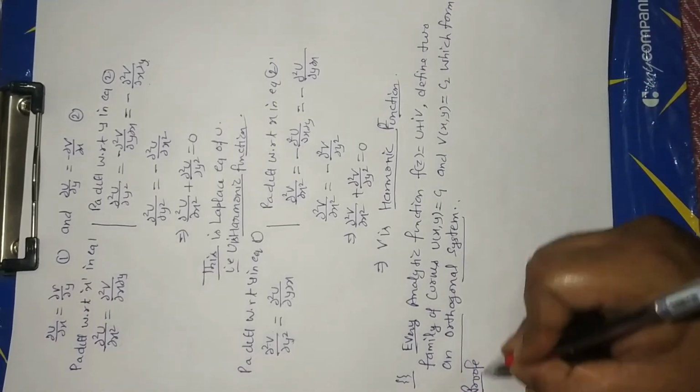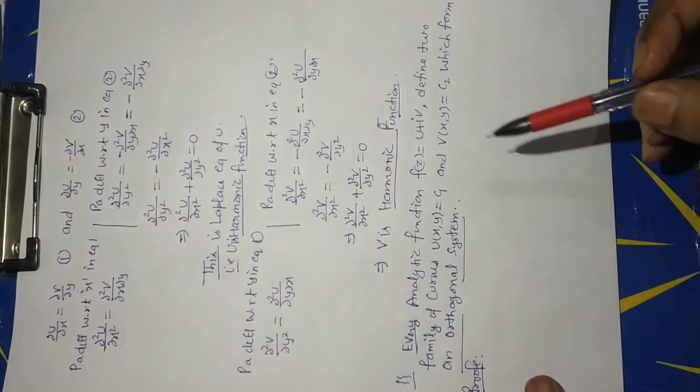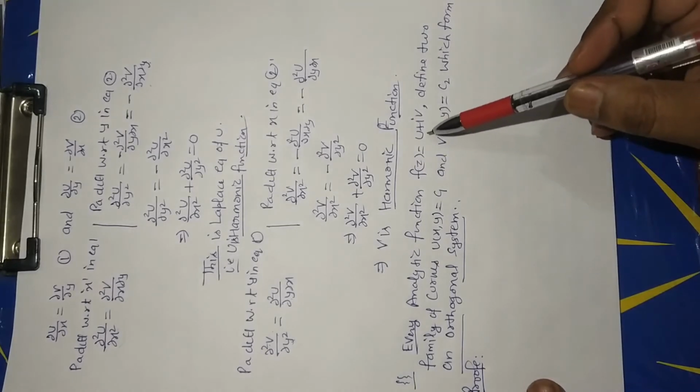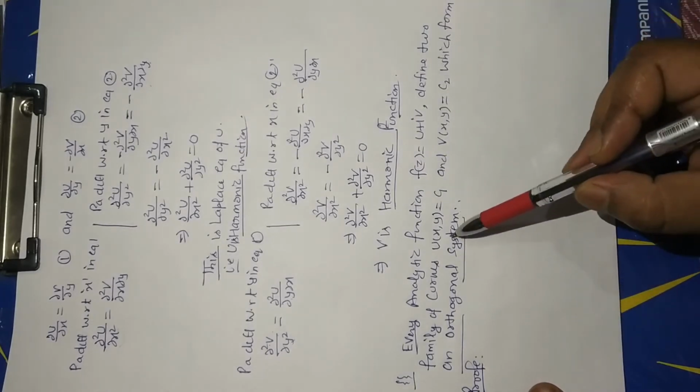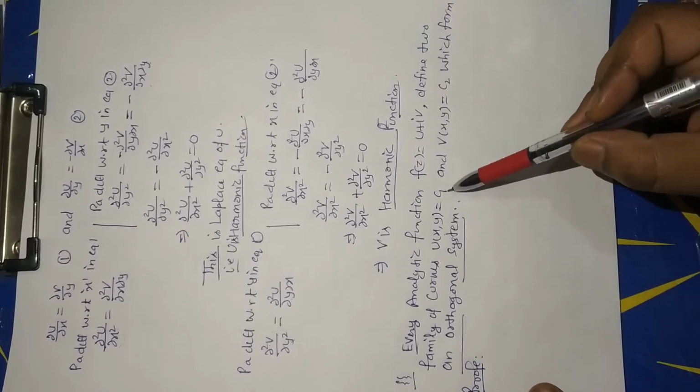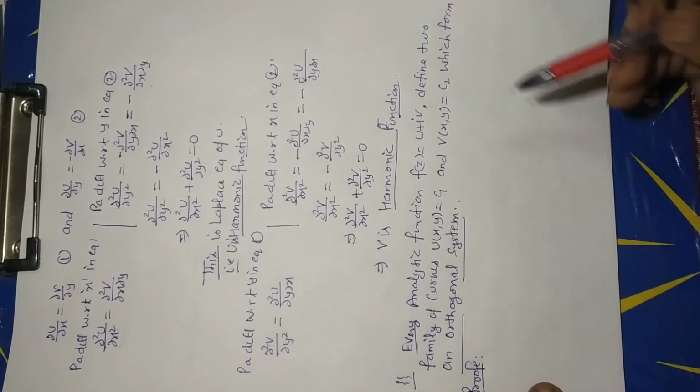Proof: w is equal to f(z), an analytic function, has two families of curves u(x,y) equal to c1 and v(x,y) equal to c2.